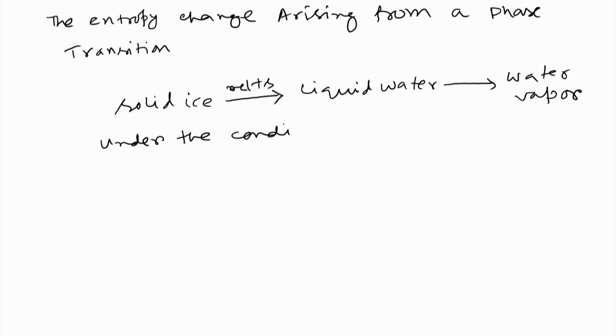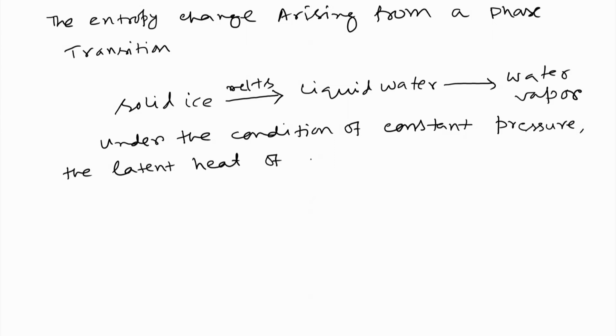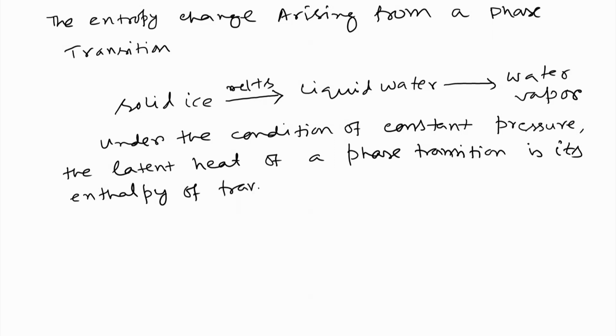Okay. So, under the condition of constant pressure, the latent heat of a phase transition is nothing but its enthalpy of transition, and we call it delta H trans.